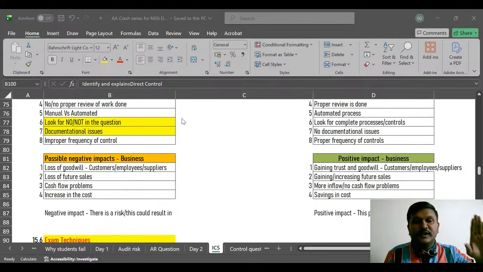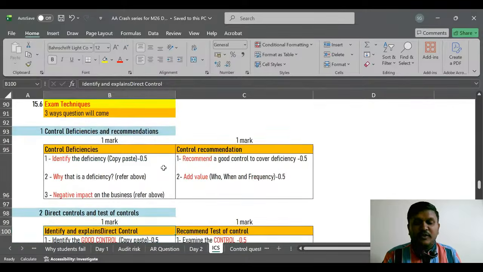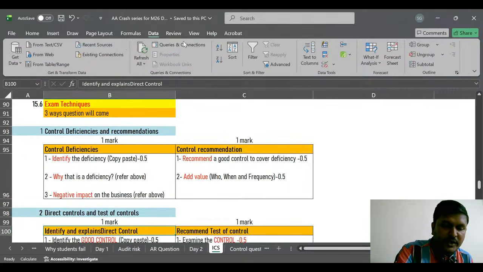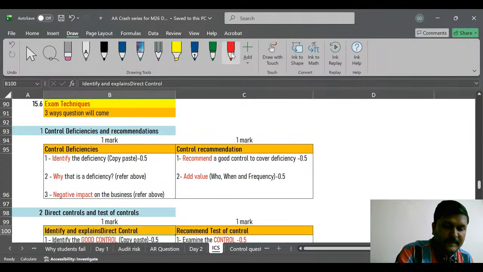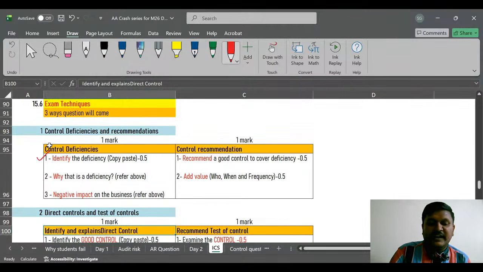So this is the first type of question, on control deficiency and control recommendation. To gain the marks, as we can see on the screen, you need to come up with the first point: half a mark is for identifying the deficiency.